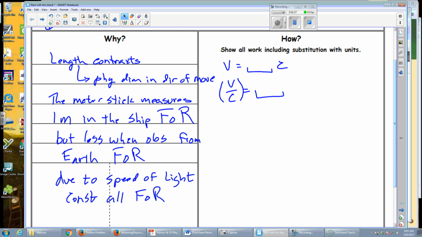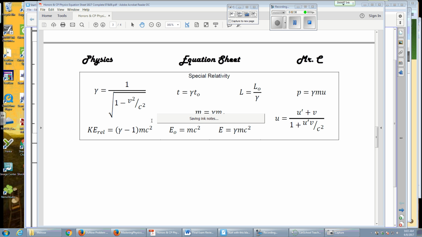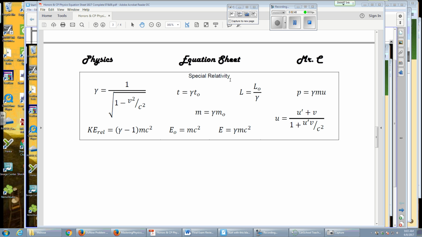Equation-wise, things are moving, so I need my Lorentz transformation here, and I'm looking at length. So it'd be good to have equations that had length in them. Oops, I didn't want that one.